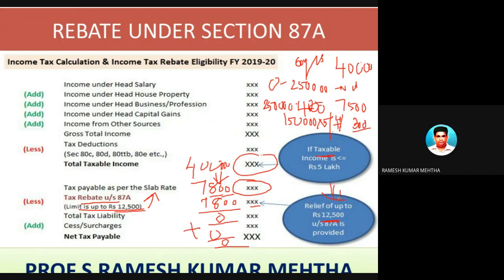Section 87A states that if an assessee's total income is less than or equal to 5 lakh rupees, then he is eligible for a tax rebate under section 87A to the maximum of 12,500 rupees. So I hope you have understood.